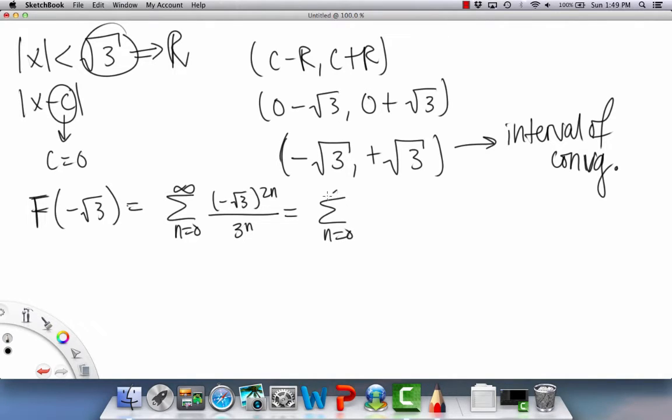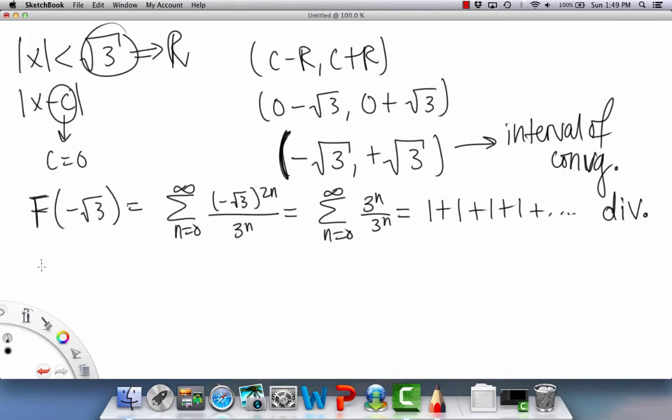So now this is just 3 to the n over 3 to the n, which is just 1. But then when you have your series, you're just going to keep adding whatever you get when you plug in n. So you get 1 plus 1 plus 1 plus 1 plus infinitely many ones. So this is going to diverge because you just keep adding the same number. So that diverges. So the rounded bracket here is fine.